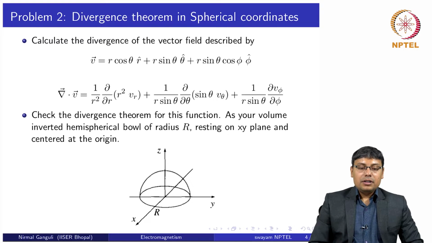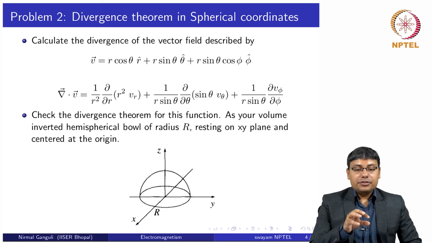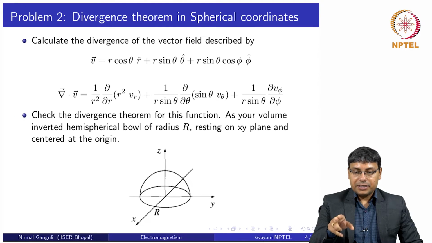Now, this problem asks you to check the divergence theorem for the given vector field here, and you have an inverted hemispherical bowl of radius capital R resting on the xy plane and centered at the origin, like the picture here.